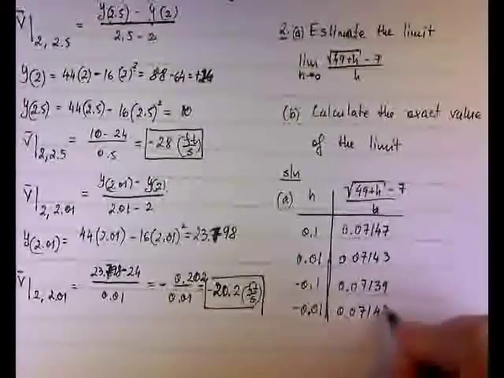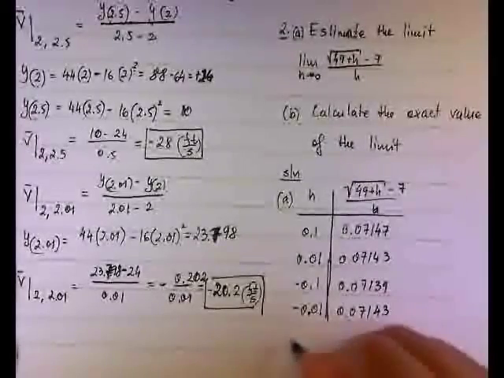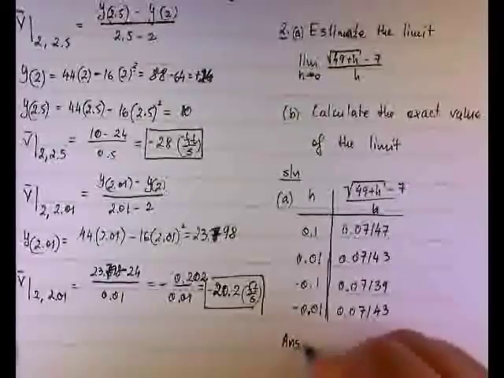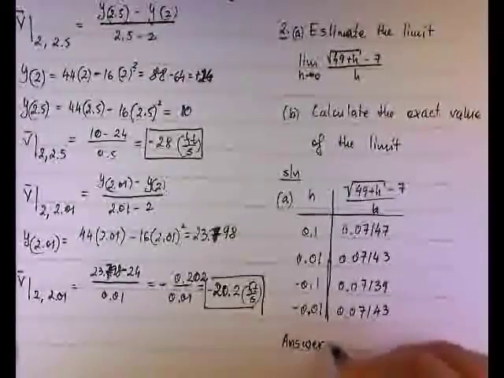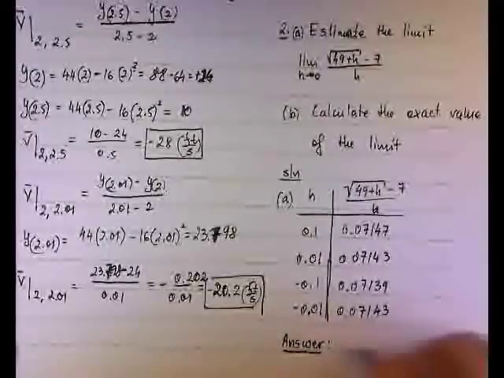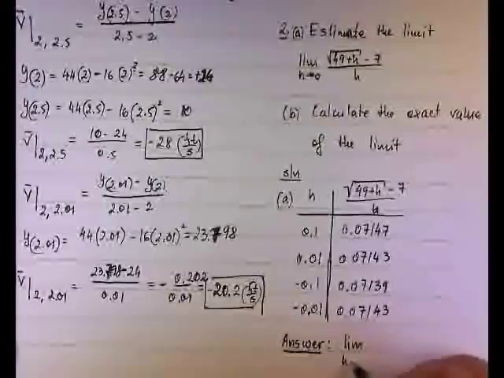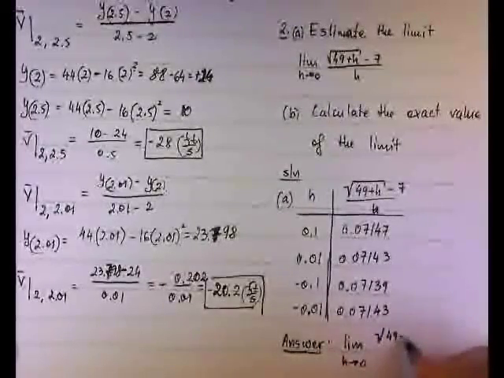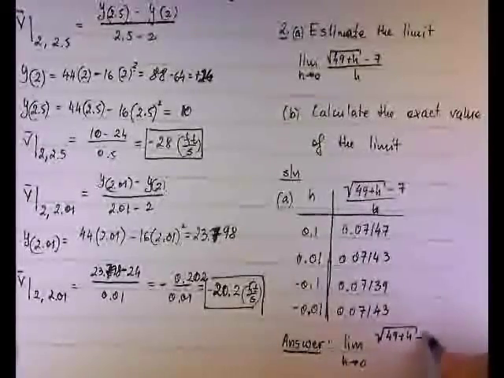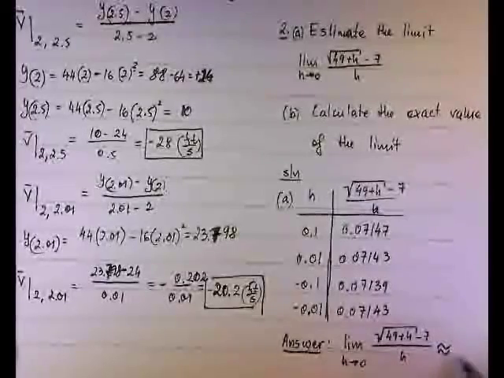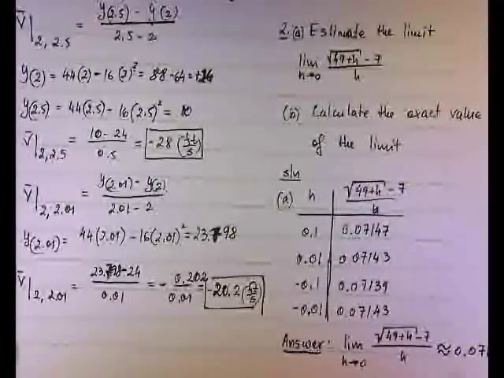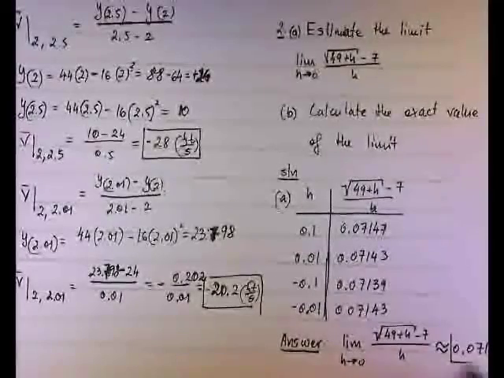So basically the answer will be, we think that the limit as h approaches 0 of the square root of 49 plus h minus 7 over h is close to 0.0714, like so, or 0.07143 if you want to go 5 decimal digits.